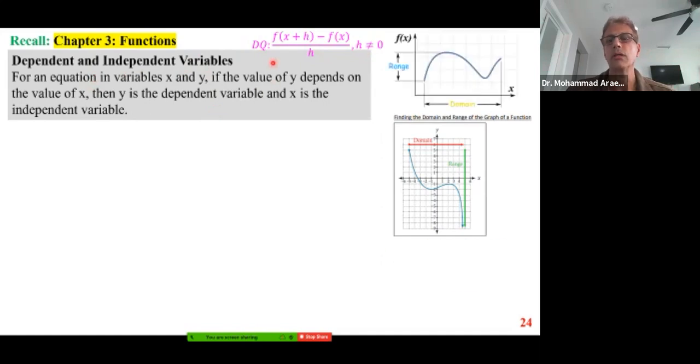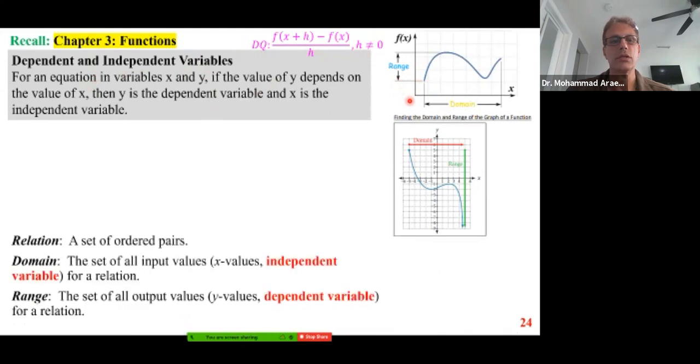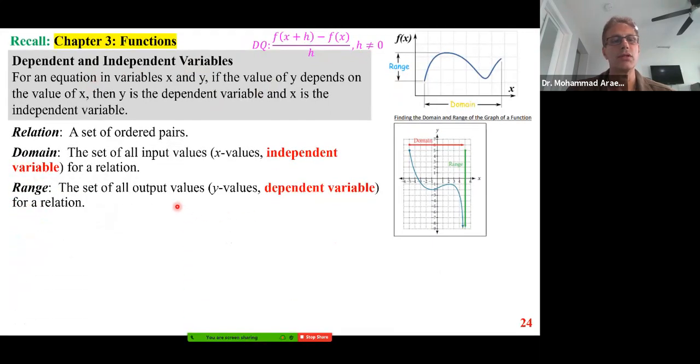Okay, now look at this concept of a domain and range. Let's just look at a couple of definitions. First, relation, a set of ordered pairs. Domain, the set of all input values, x values, independent variable. The set of all output values, y values, or dependent variable is known as the range.